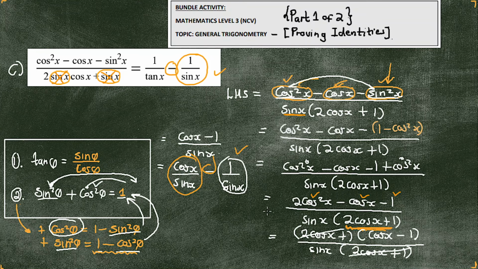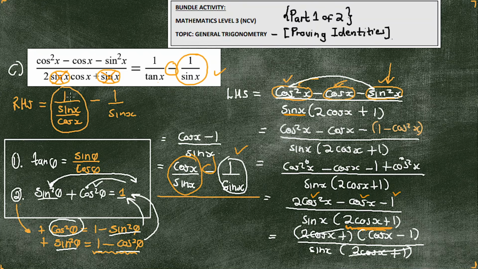So what we can do now is actually try to simplify the right hand side as well. So the right hand side can be simplified further into 1 over the tan. Let's change it. It's going to be 1 over sine x over cos x minus 1 over sine x. I have a fraction, this big fraction is being divided by a fraction.